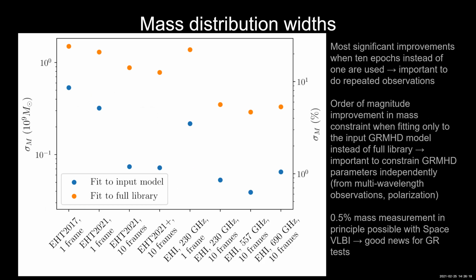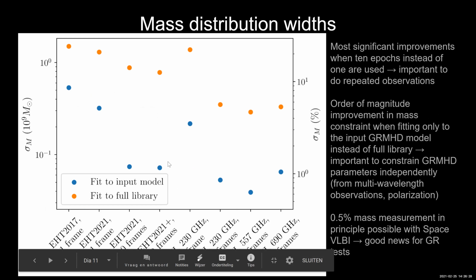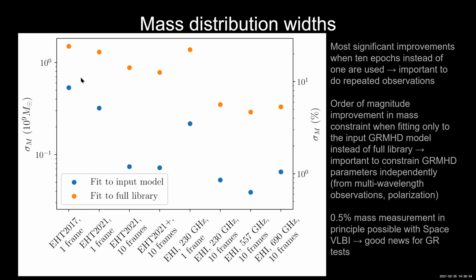Then here we see the width of the distribution of the masses for 40 different arrays. The blue points here correspond to the distributions that I showed a few slides back. And the orange points are the uncertainties in the mass measurement when we consider the full library after this model selection by average image scoring.